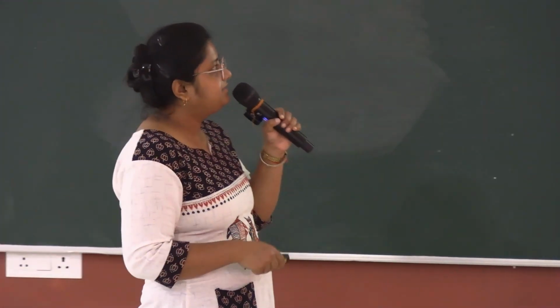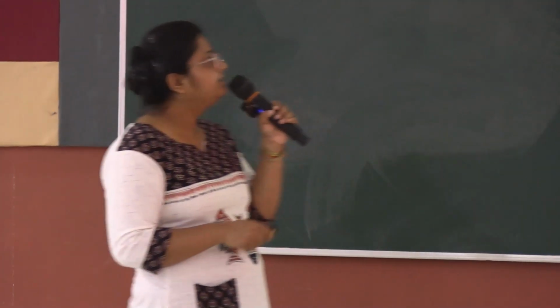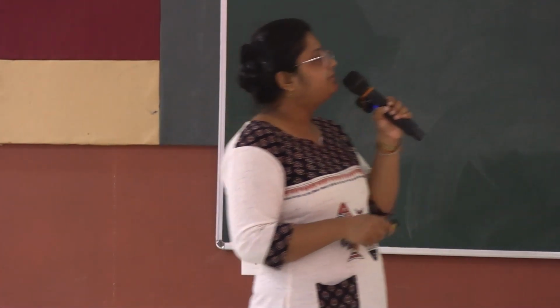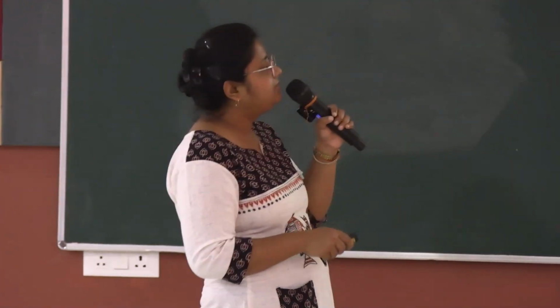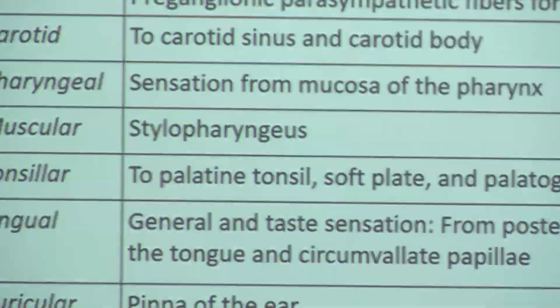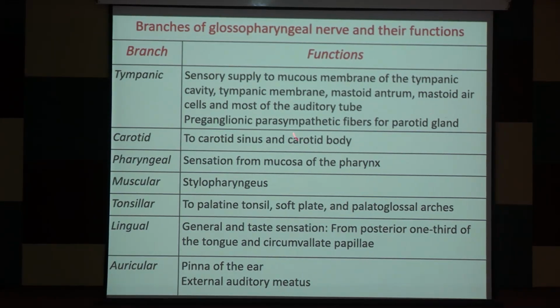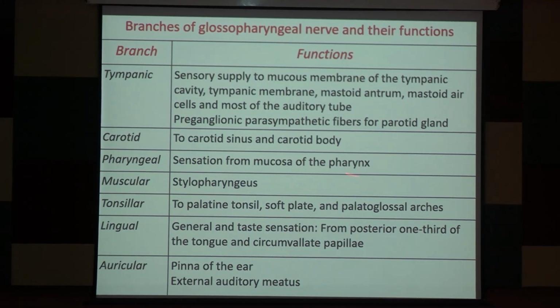This is the summarization of the branches and their functions. Tympanic branch: sensory supply to the mucous membrane of the tympanic cavity, tympanic membrane, mastoid antrum, mastoid air cells, most of the auditory tube, and preganglionic parasympathetic fibers to the parotid gland. Carotid branch to carotid sinus and carotid body, and pharyngeal branch carries sensation from the mucosa of the pharynx.